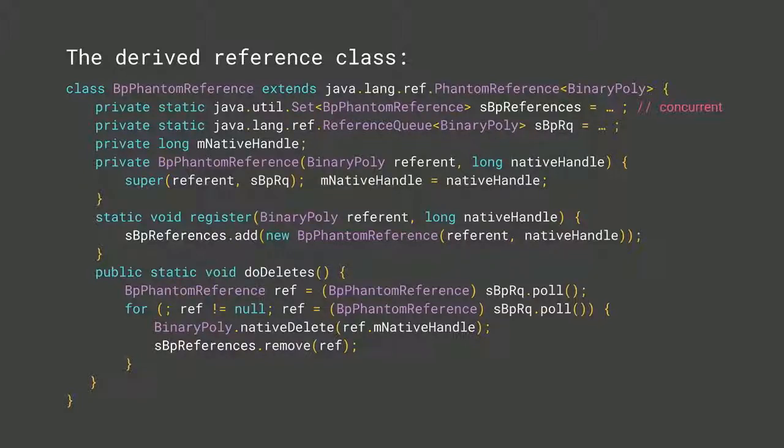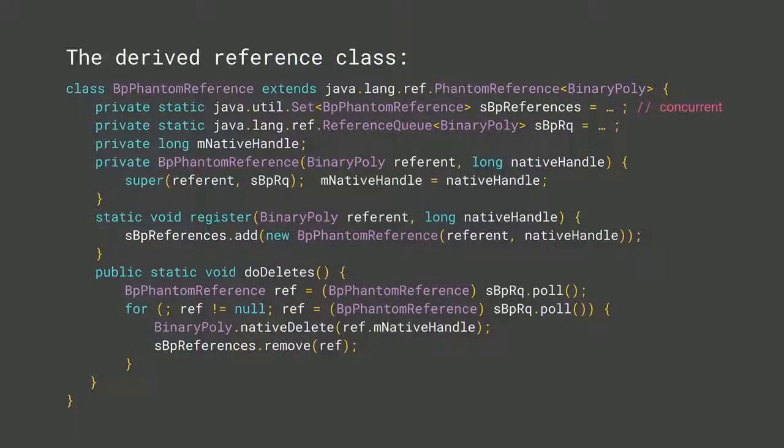One of them is the actual reference queue, which will be used to enqueue these BP phantom references once the corresponding Java object is no longer needed. I also need a concurrently accessible set, some way to just keep the BP phantom references around so they don't get garbage collected themselves. So I just keep those around until they're explicitly removed.